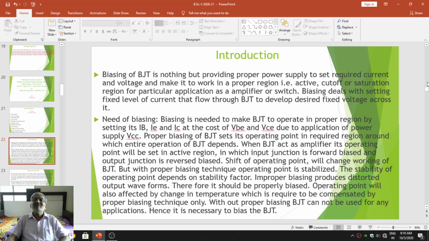So friends, that's all about today's period, where we have introduced our topic, that is transistor biasing, with the plan of lectures, how we are going to proceed.